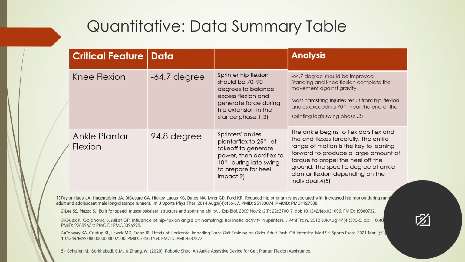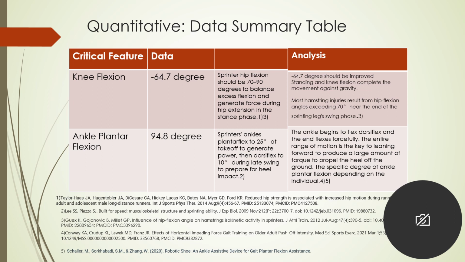This is the data analysis. Our participant's knee flexion degree is 64.7. From the research, we can see 70 to 90 degrees is ideal to balance excess flexion and generate power.